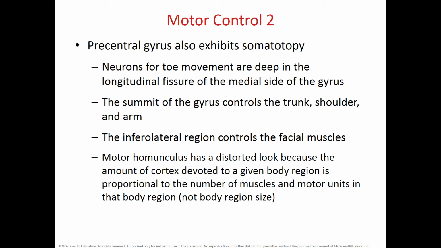The bigger the area that you see, the more distorted it looks, that means that area of the body is controlled with much intensity by more neurons of the motor area.